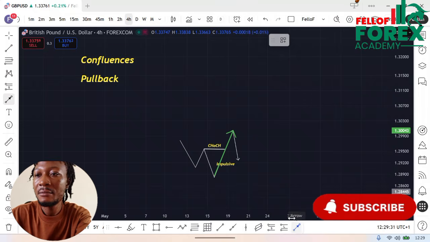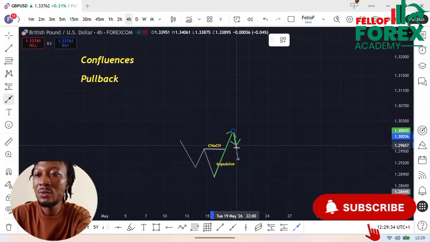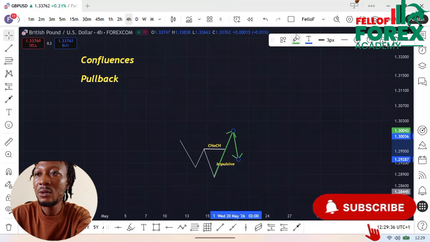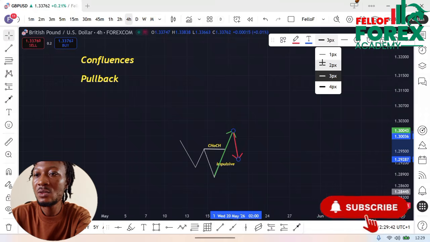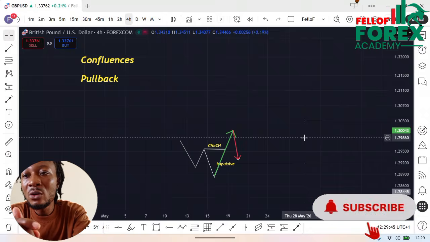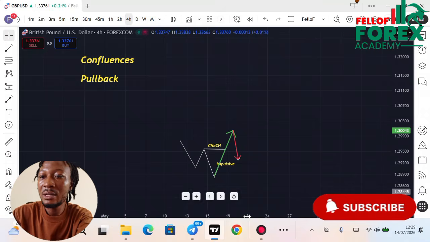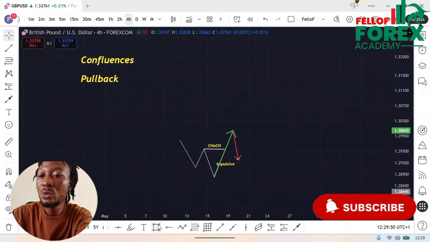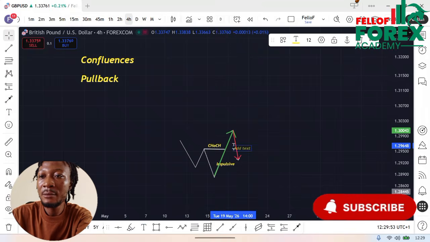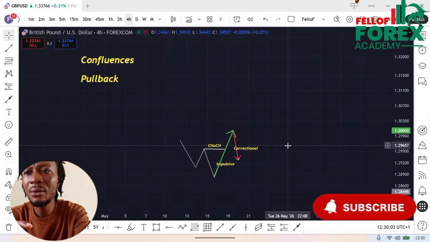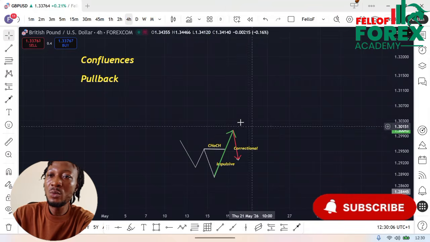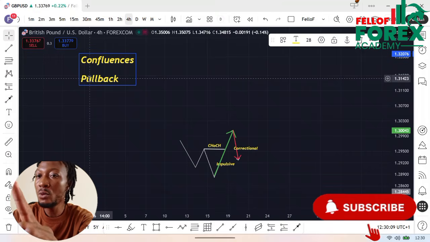And then this small move is what we call the correction. You can call it a correctional move, or a pullback. Now, once you have a pullback, that's the first confluence you need, a pullback.